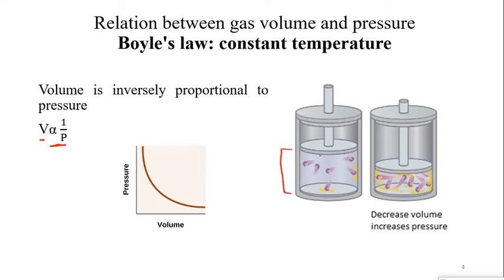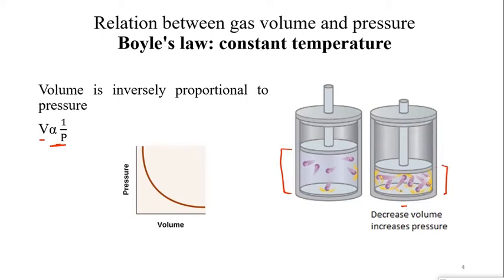If you look at this figure, you can see that in the first one I have a larger volume, while if I push the piston down, I have a smaller volume. In the larger volume, the particles are spaced out in all directions, and the space between them is larger than in the second image, where the particles are much closer together.